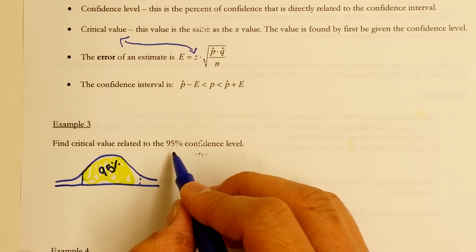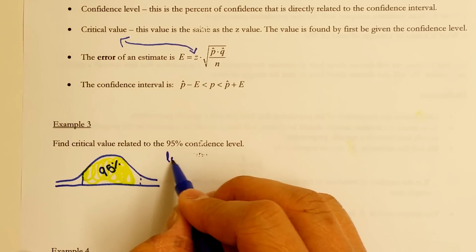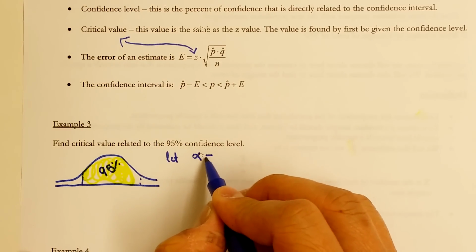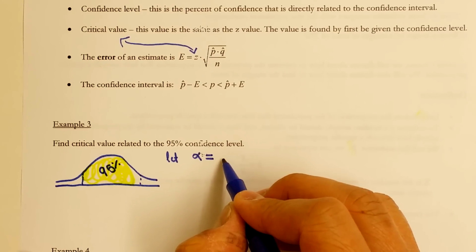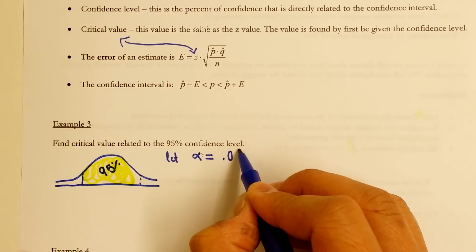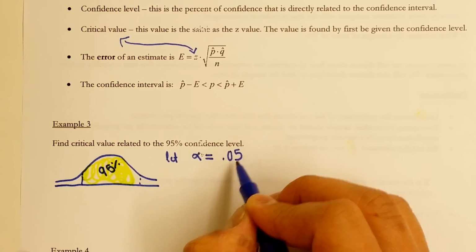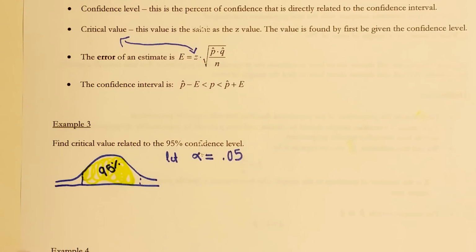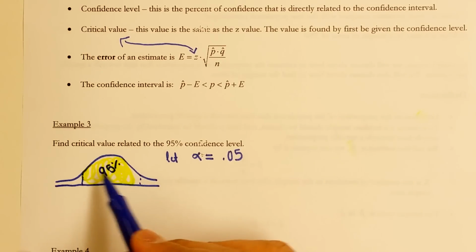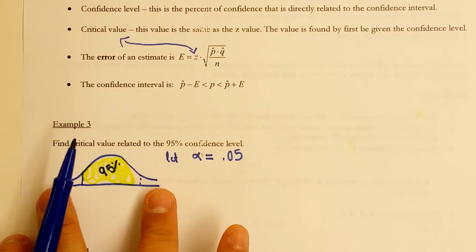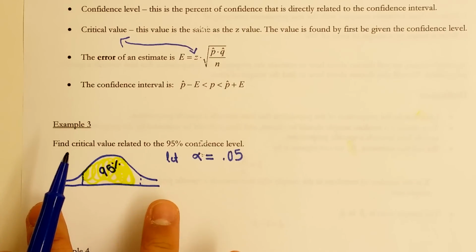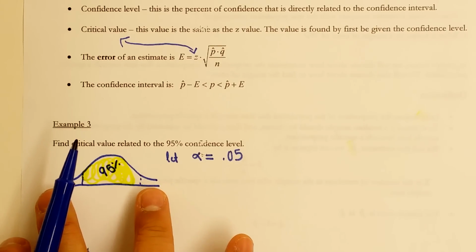That means that alpha is the leftover from 95, and out of 100 the leftover is 0.05, 5% left, because 5% plus 95% is 100%. So if that's 95%, then the left out pieces is 5%. So these two add up to 5%.